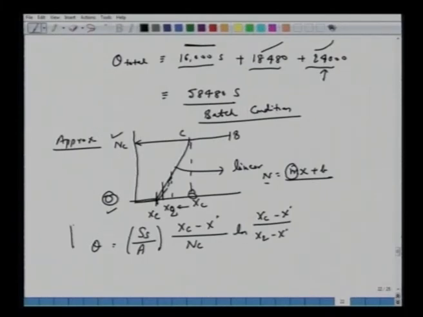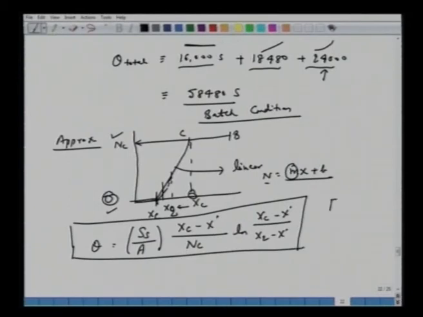So this is another approximate expression, assuming that the entire falling rate is linear, so that we avoid these numerical integrations. Of course, it depends upon the type of the curve. Maybe in this case one has to plot and convince himself that the error is not much here.